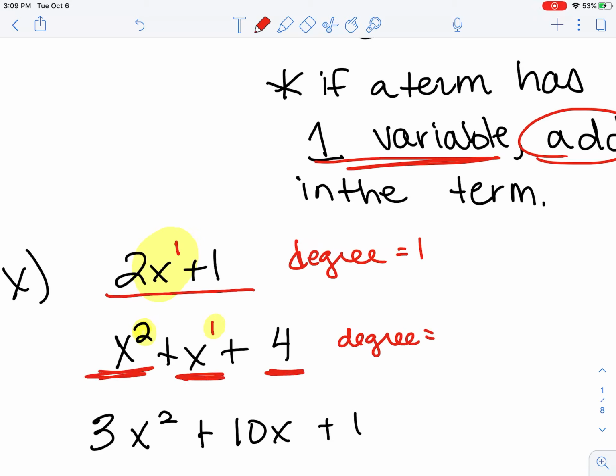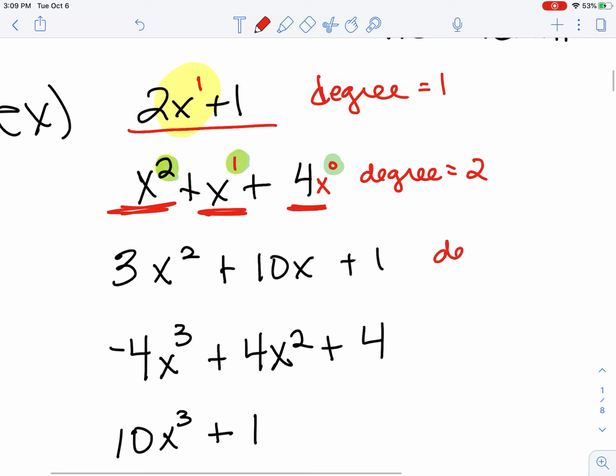And technically this is 4, and if I want to put it in terms of x, it'd be x to the 0 power, because anything to the 0 power is just 1. So when we see a constant term, there's really a degree of 0 on it. Anyway, when we're looking at these exponents of 2, 1, or 0, we're going to look at the biggest one, and that's the degree.